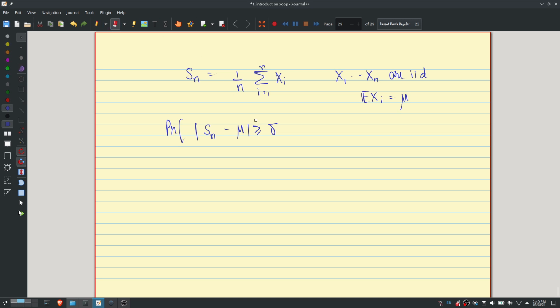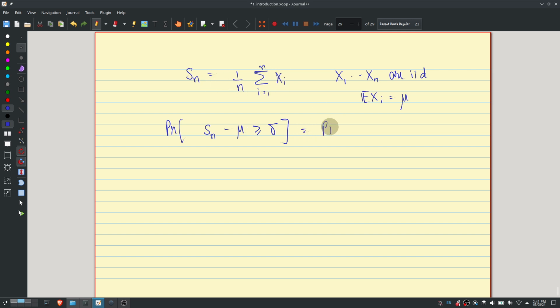In fact, let's look at the simpler case where I'm only interested in the right tail. Right? Again, if I just apply the Chernoff bound, then I get that this is less than or equal to, or let me write it in a slightly different way first. So this is my Sn.